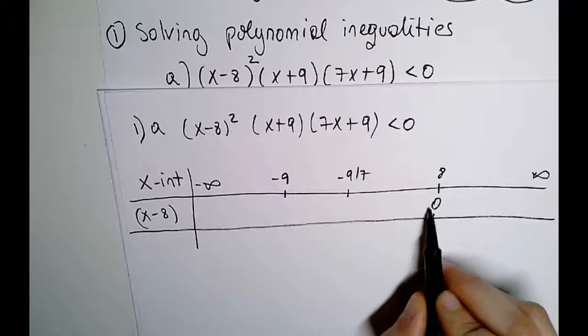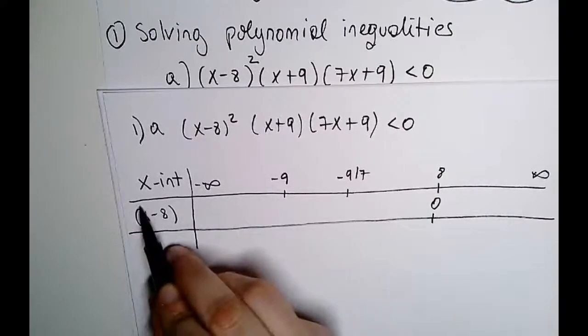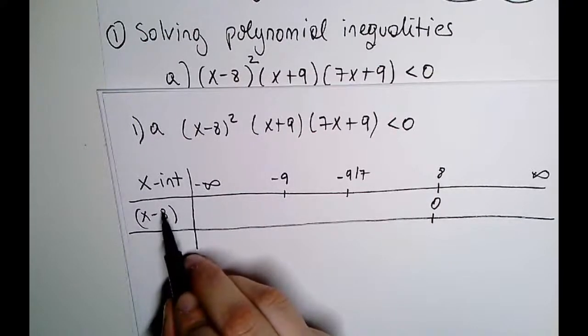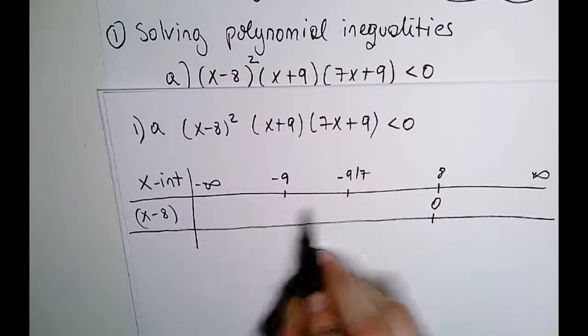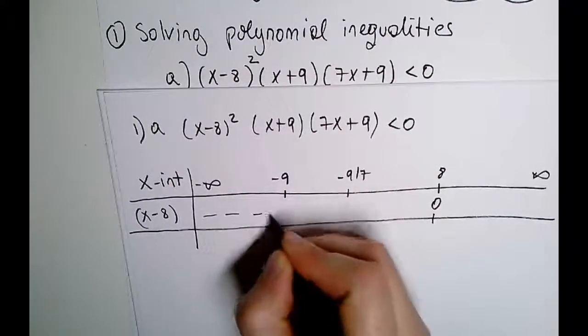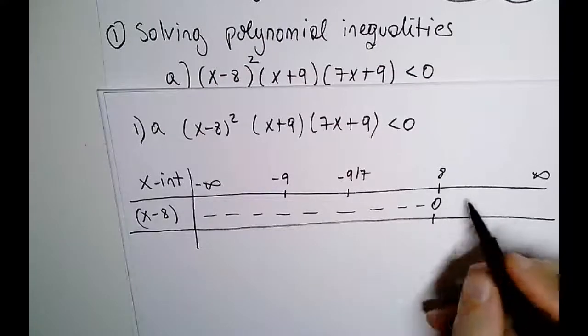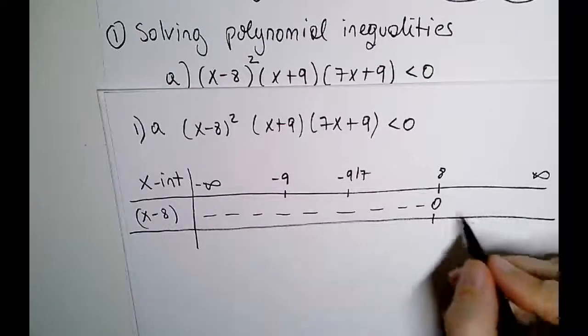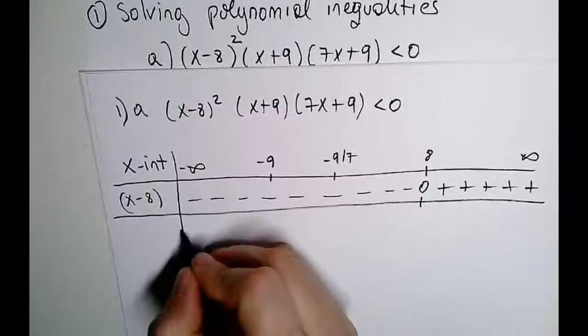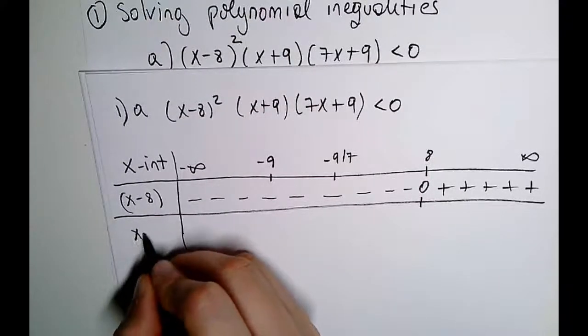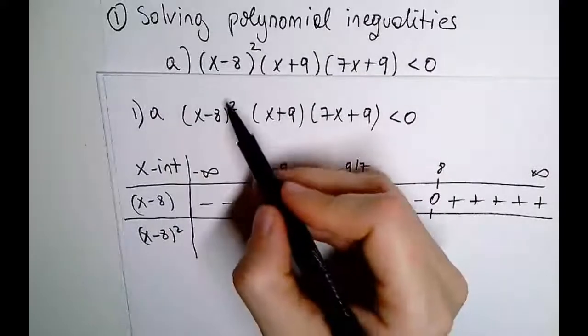And then for numbers less than 8, this is going to be negative, because if it's negative 9, I'll have negative 9 minus 8, so it's going to give me a negative number. So I'm just going to put the negative sign, and for numbers greater than 8, it's going to be positive. Alright, in the next row, we're going to put the factor (x minus 8) squared, because that's what we have.